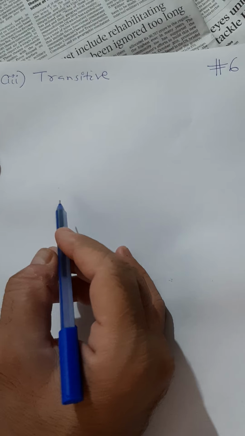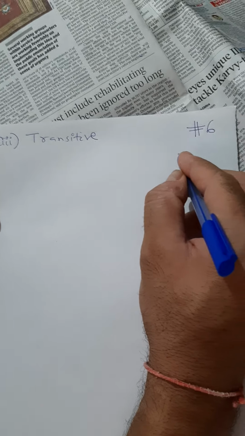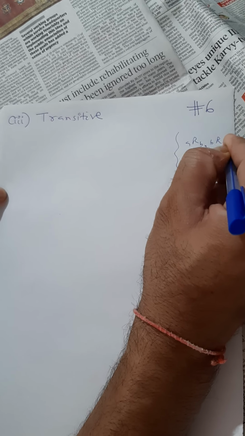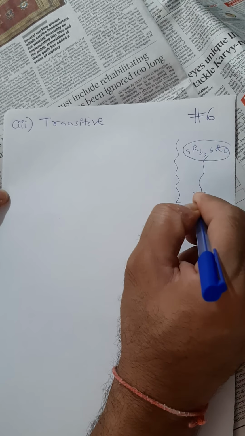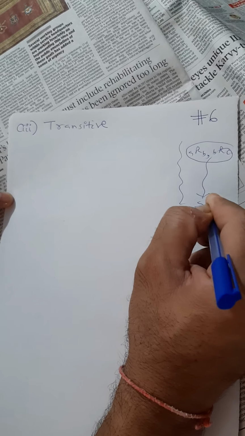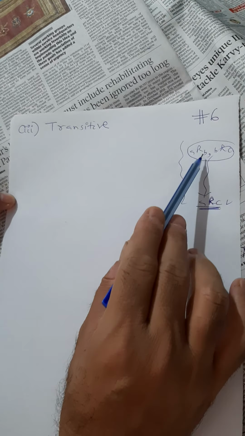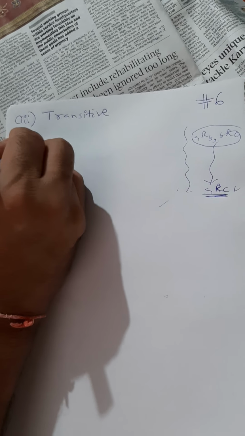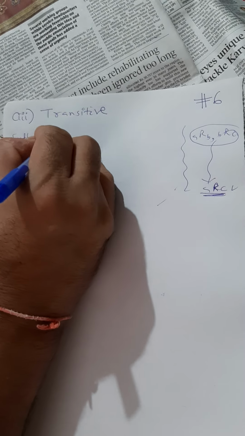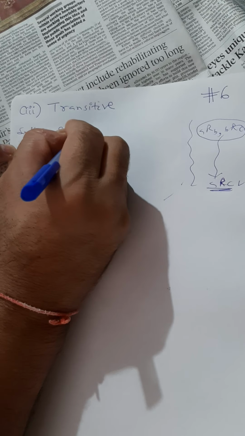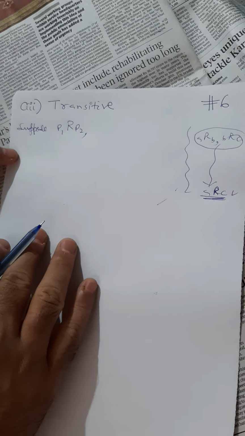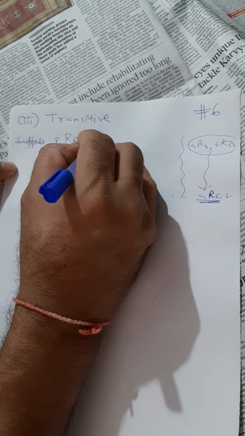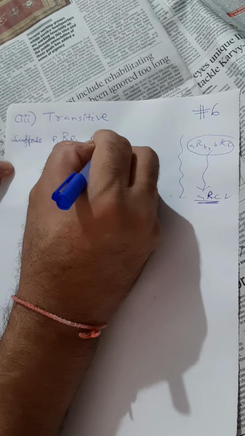Third property, transitivity. So we start with A related to B, B related to C. With the help of this, we'll show that A is related to C. This is what we need to do. We start with these two, we get this. So what is the supposition here? Suppose P1 is related to P2. The first polygon P1 is related to P2. Take the same polygon P2 related to P3.